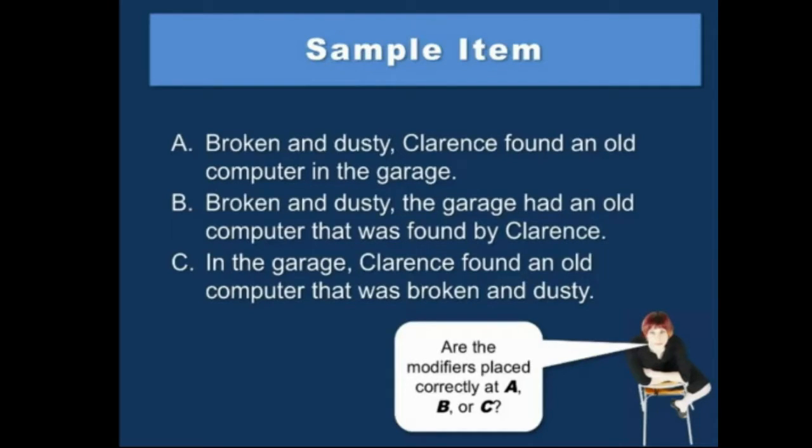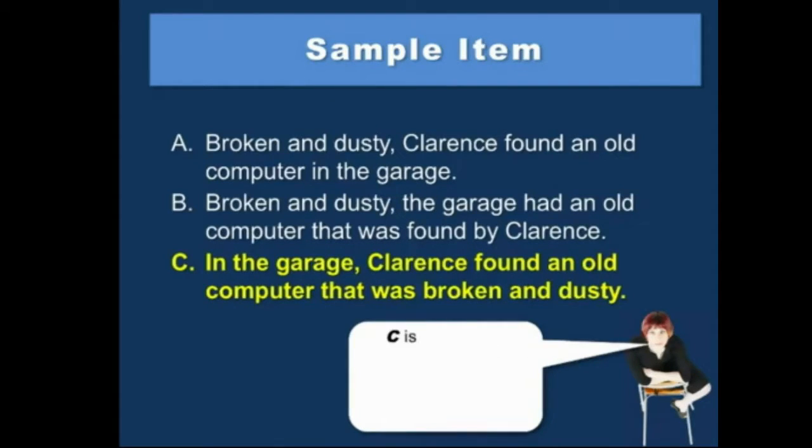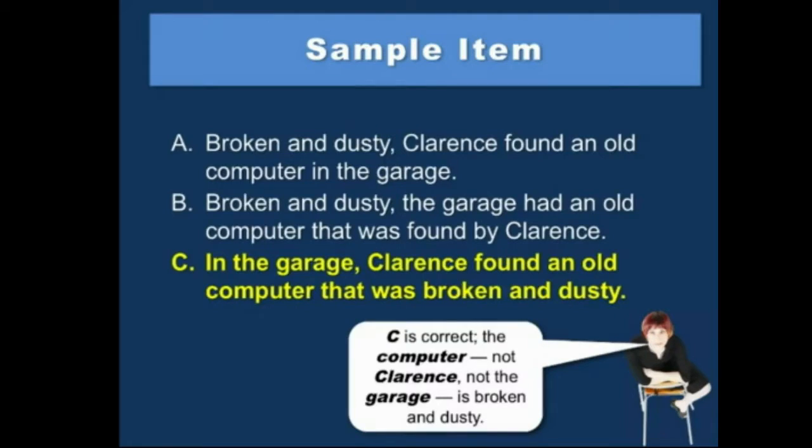Or is the modifier correct in C? In the garage, Clarence found an old computer that was broken and dusty. Letter C is correct, and that's because the computer, and not Clarence and not the garage, is broken and dusty.